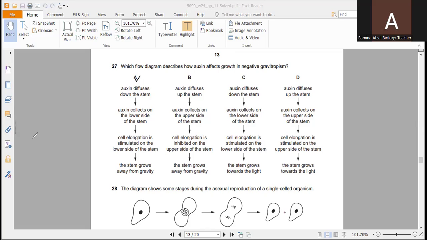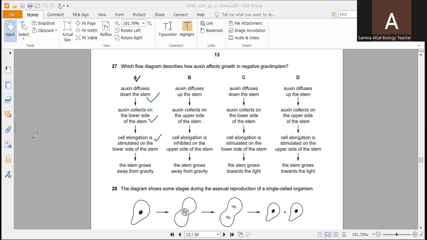So we will move towards the options. A, auxin diffuses down the stem. So this is correct. Auxins diffuse down the stem, and then auxins collect on the lower side of the stem. Cell elongation is stimulated on the lower side of the stem.